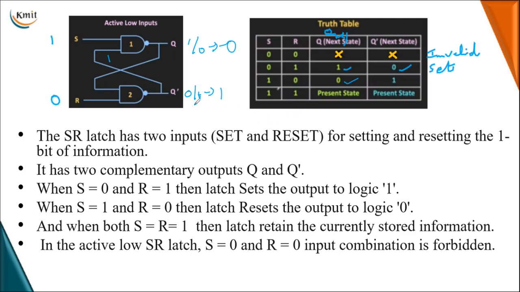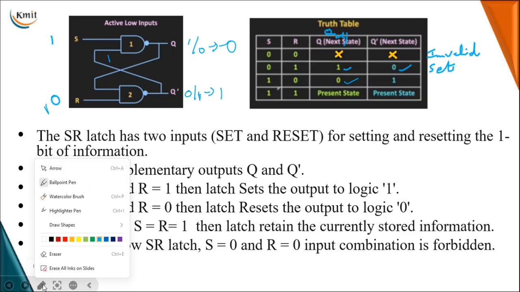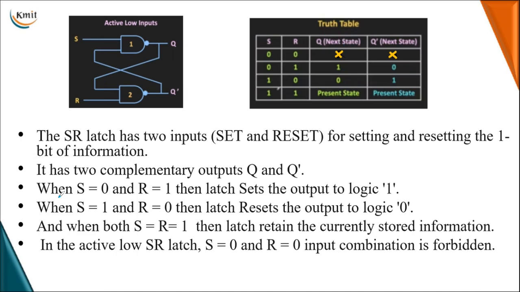Next, I apply both inputs as 1, 1. Here I need to assume that my present state is 0 and the complementary state is 1. So this 0 is transferred to the second NAND gate.